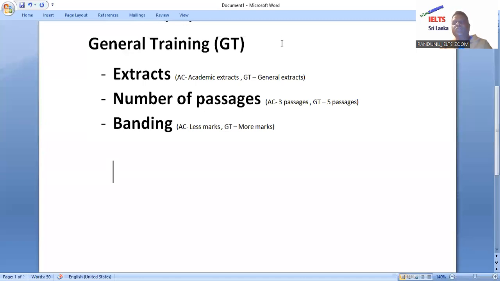Even general students have to attend academic reading classes. Why? As I told you, this paper has 3 sections. Let me explain it like this.